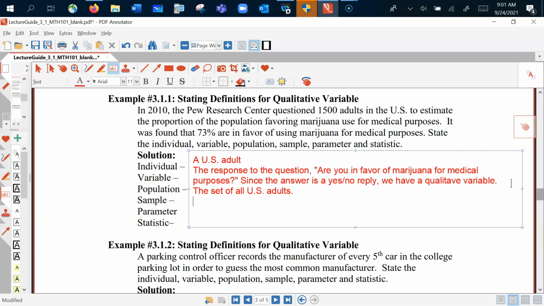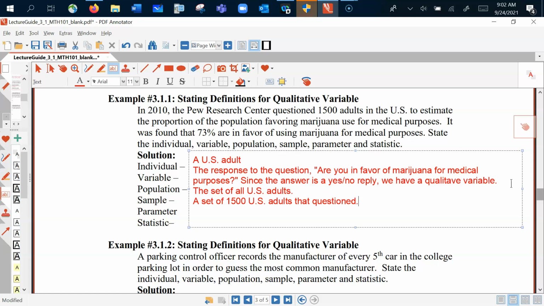So the sample is a set of 1,500 U.S. adults. It's not these 1,500 people over here that we didn't ask the question. The sample is the set of 1,500 U.S. adults that were questioned.